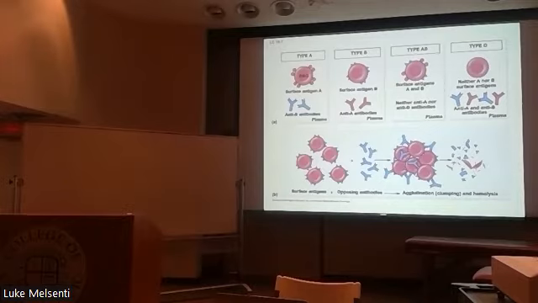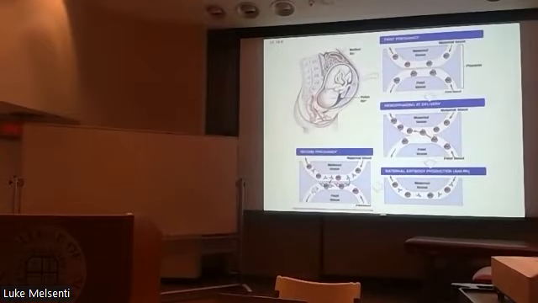Complement. Remember, complement results in opsonization, inflammation, and lysis. Okay, so this is a complement reaction. Therefore, these antibodies have to be what class? What's that? IgG or IgM. All right.